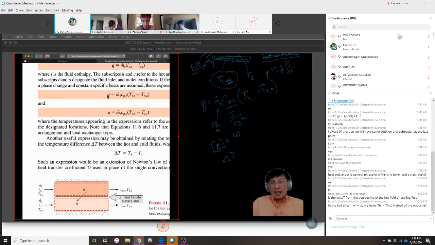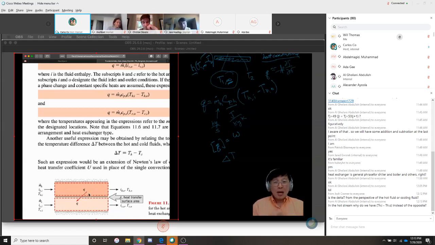So you might also be thinking, wait a minute, the reality is that this hot stream across it has some average temperature, and this cold stream across it also has some average temperature. In fact, between these two streams there is some average temperature difference.